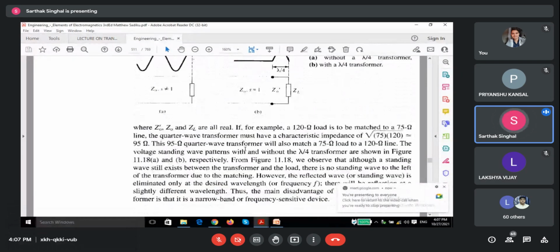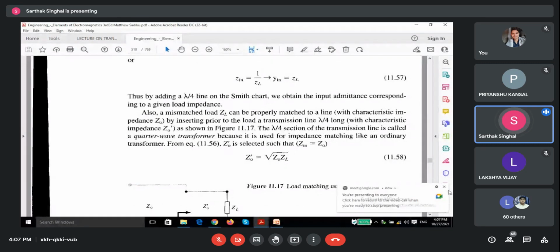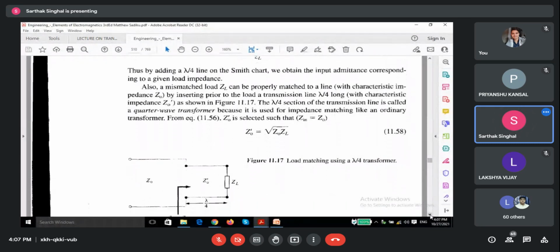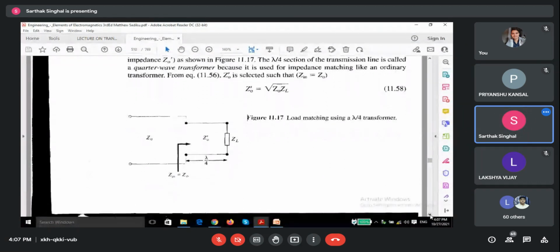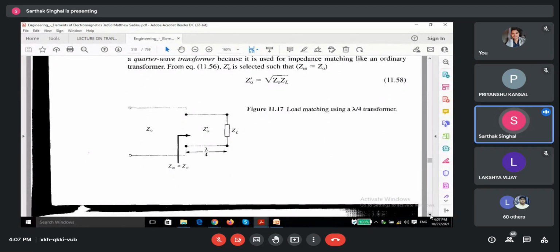In that we talked about how we can transform the load impedance to match with the characteristic impedance of the transmission line by using a quarter wave section of another transmission line, right?